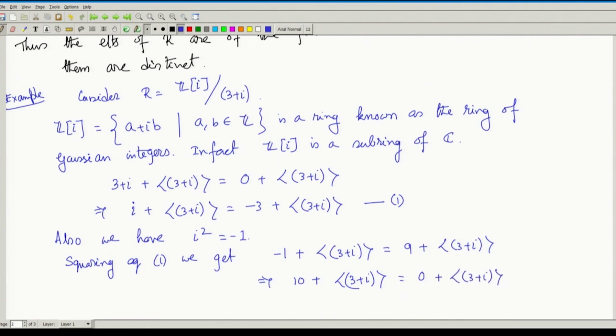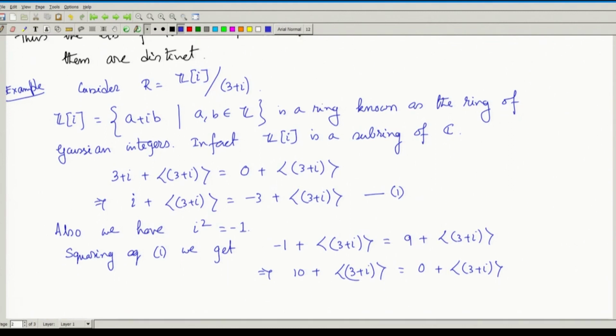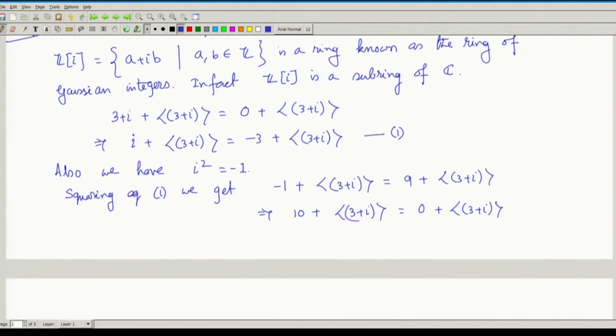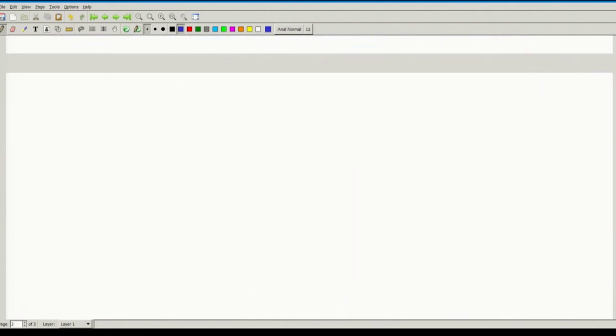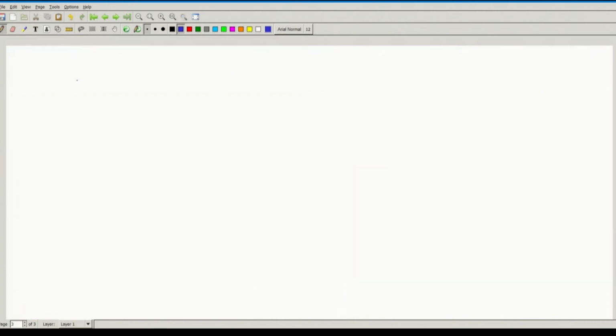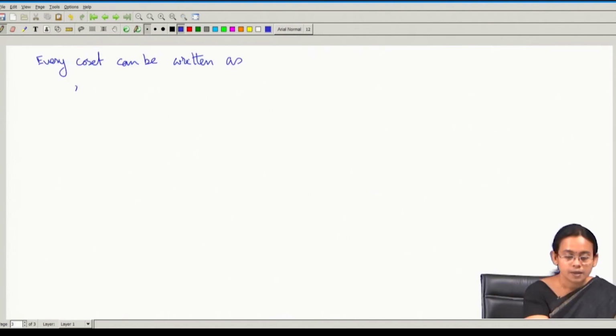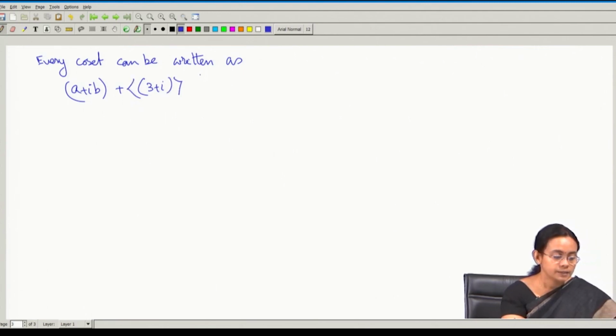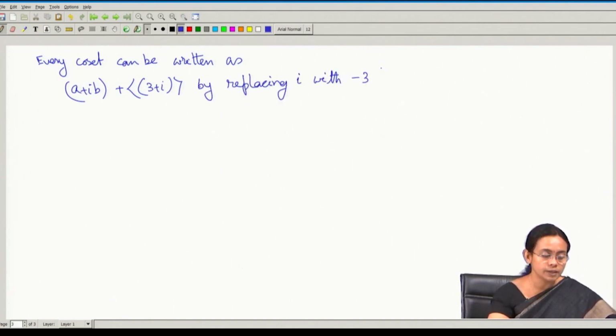That says that every coset, I can rewrite it by replacing i with minus 3. Let me just write it quickly. Every coset can be written as a plus ib plus the ideal generated by 3 plus i, by replacing i with minus 3, and whenever I have 10, it is equivalent to 0.